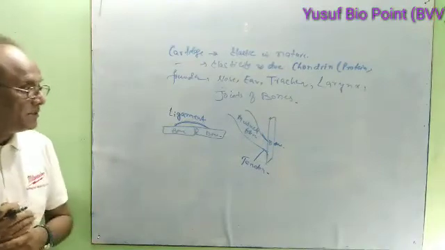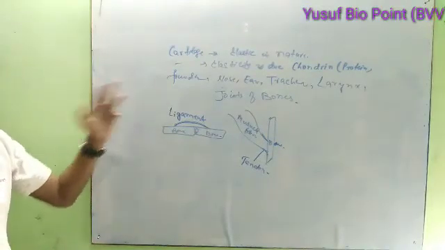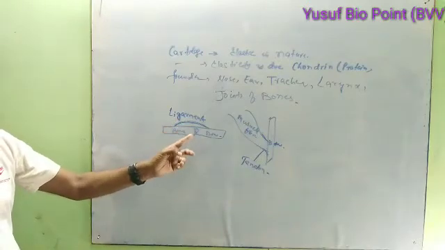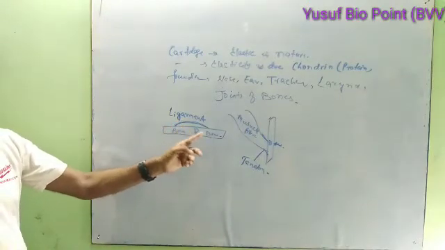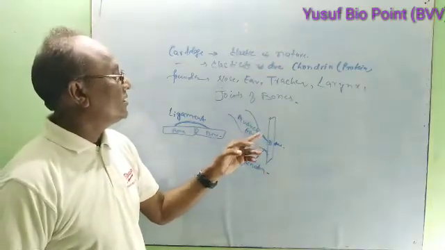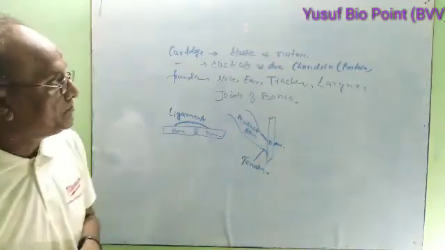Means ligament connects the two bones and the tendon connects the muscle with bone.